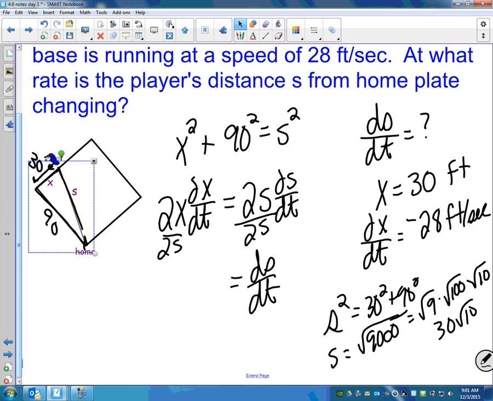That's the hypotenuse already, right? I'm thinking that x was smaller than 90, but x is bigger than 90 right now. And as he runs closer, x is going to equal 90. When he gets to third base, the hypotenuse is now the length of that leg. So s should be negative, which is the right thing. I was just overthinking it. For some reason, I was thinking that 90 was bigger. So that does make sense there.